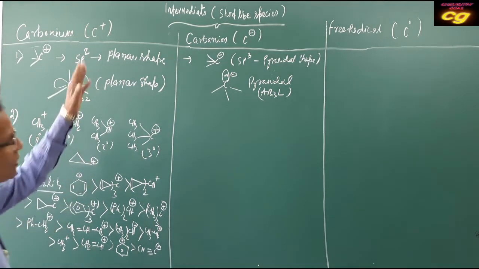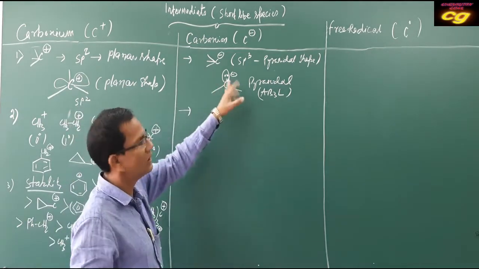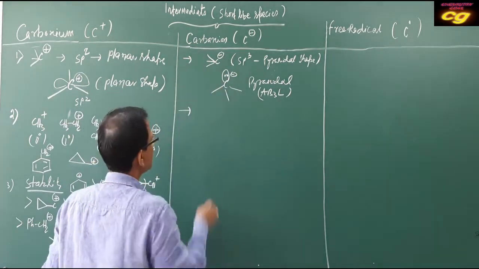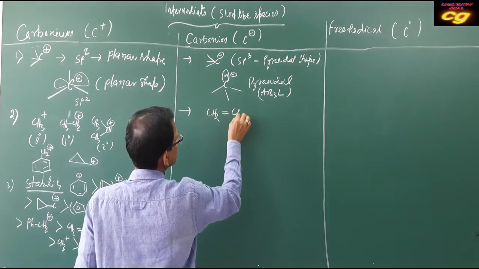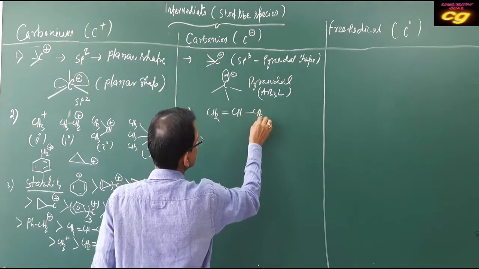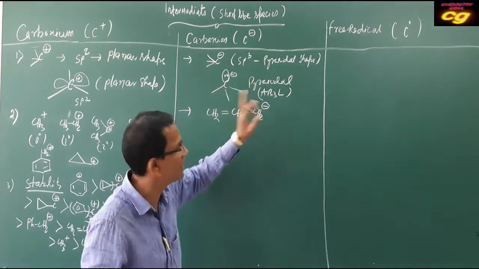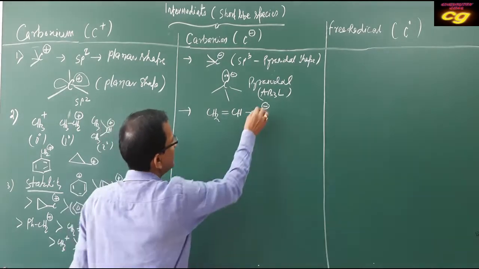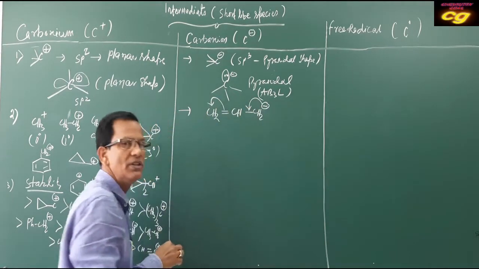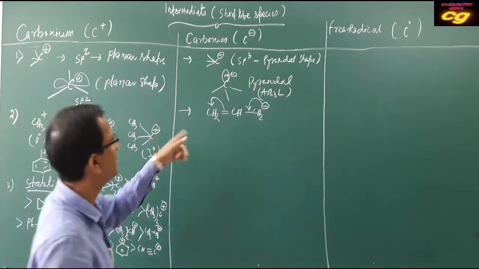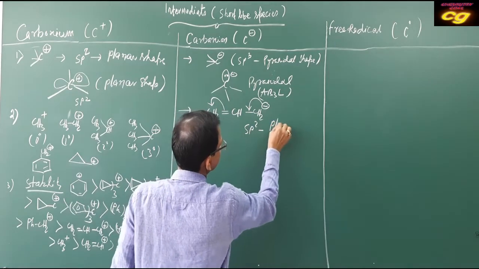But it is also observed in the case of a carbanion that if it is stabilized by resonance, for example, CH2 double bond CH single bond CH2 minus, this is also one type of carbanion because carbon carries a negative charge, but it is stabilized by resonance. If the carbanion is stabilized by resonance, it is sp2 hybridized and planar.